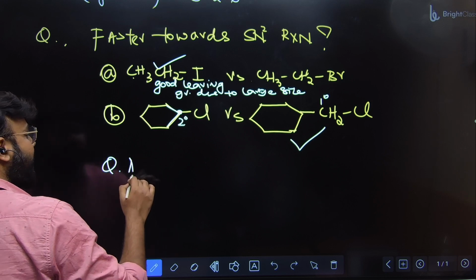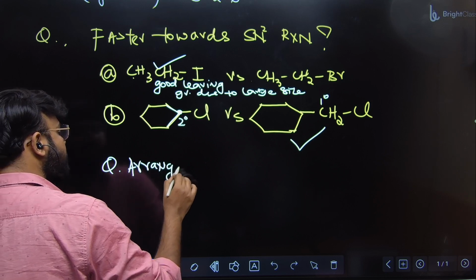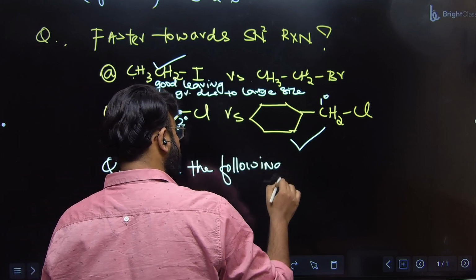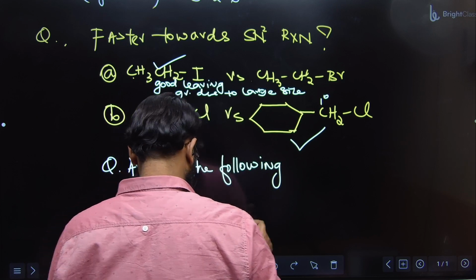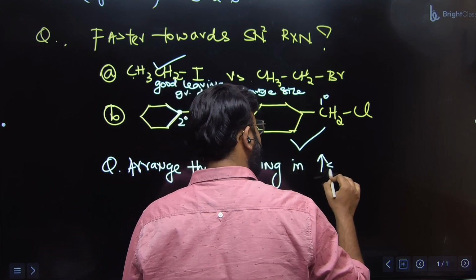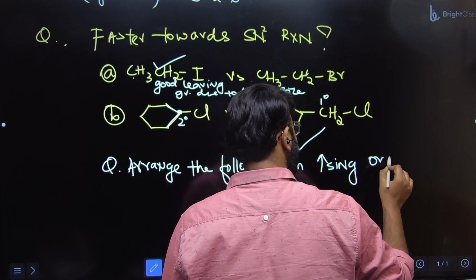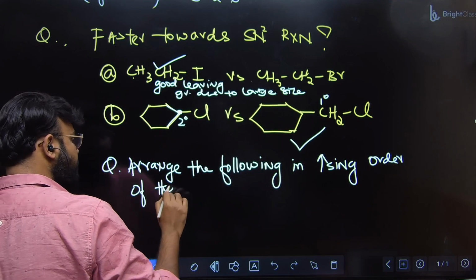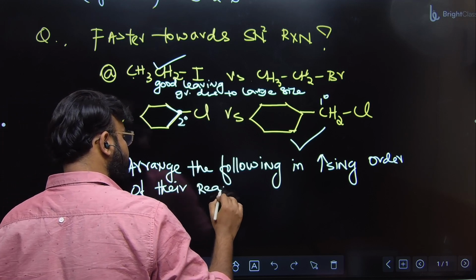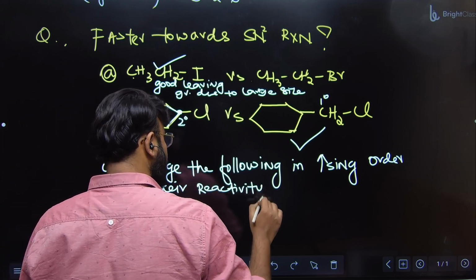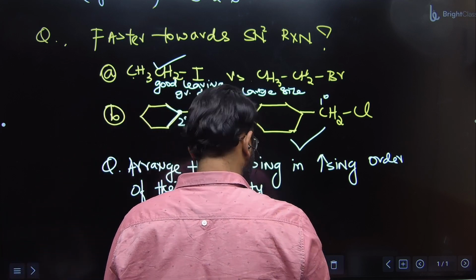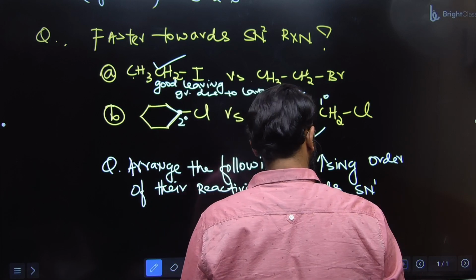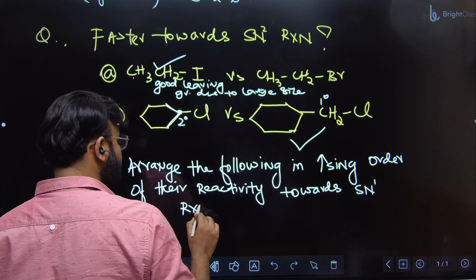So they are asking, arrange the following in increasing order of their reactivity towards SN1 reaction.